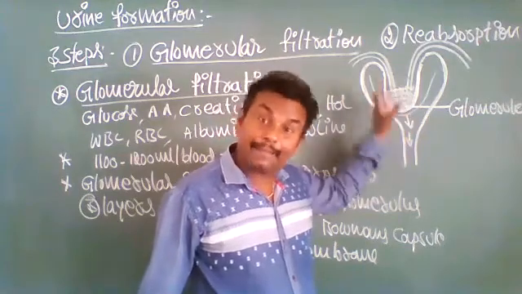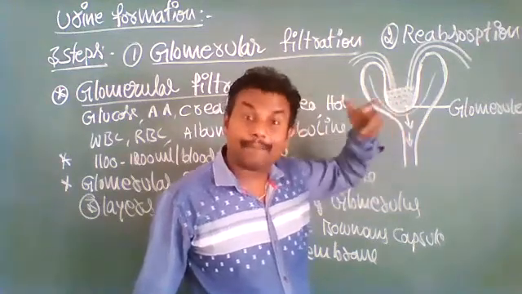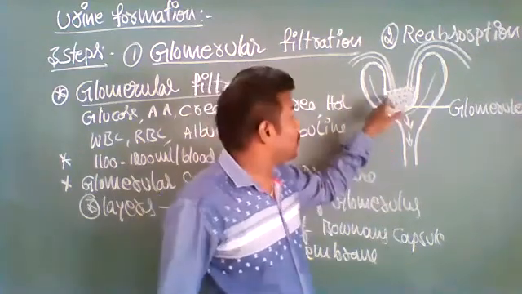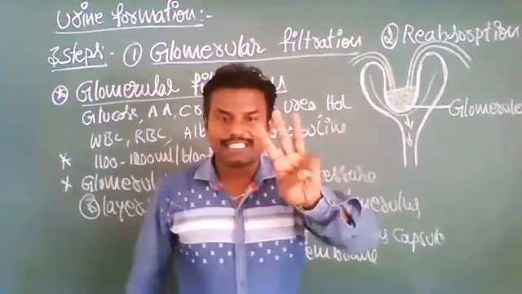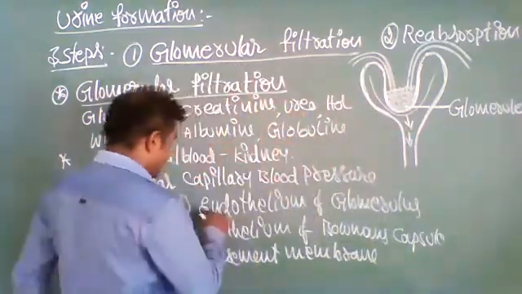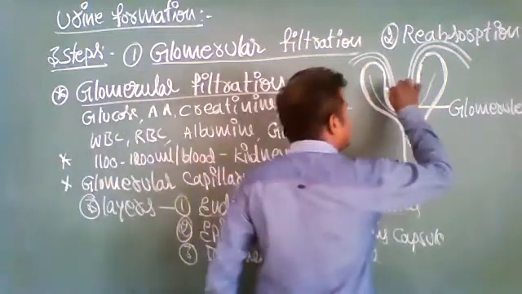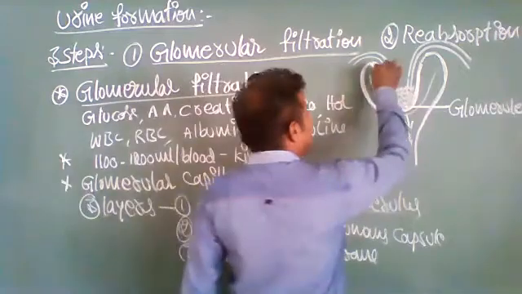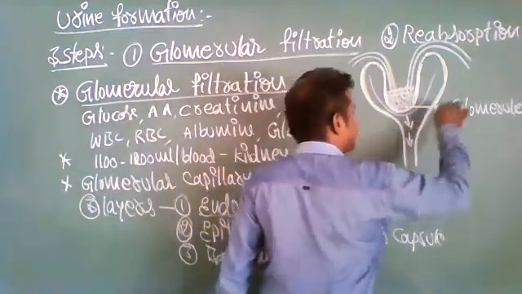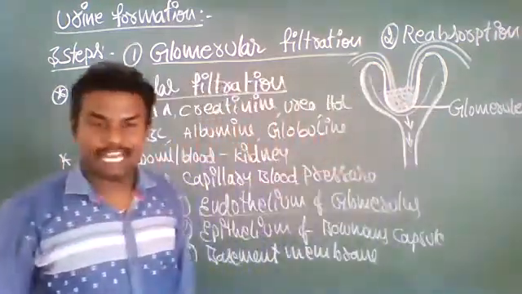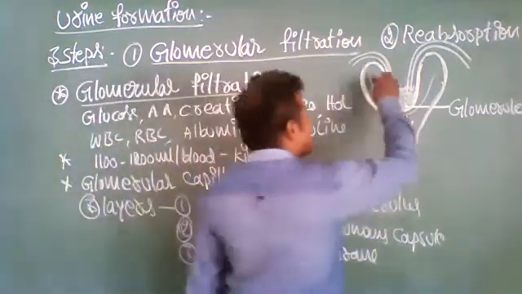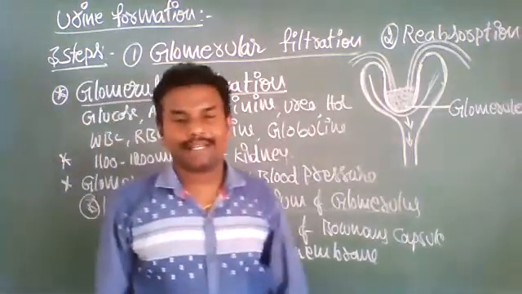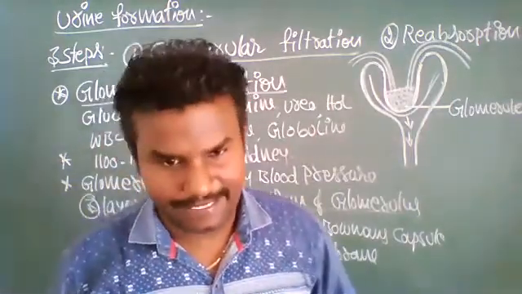Those capillaries cause some pressure, that is called blood pressure. That blood pressure causes filtration of the blood through three layers. Those are the endothelium of the glomerulus, next the epithelium of the Bowman's capsule, and the basement membrane between these two layers, which play a major role in the filtration of the blood.